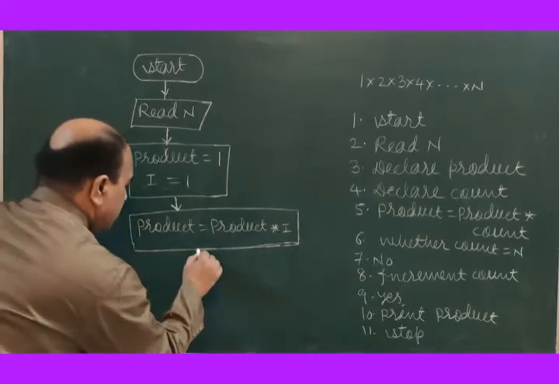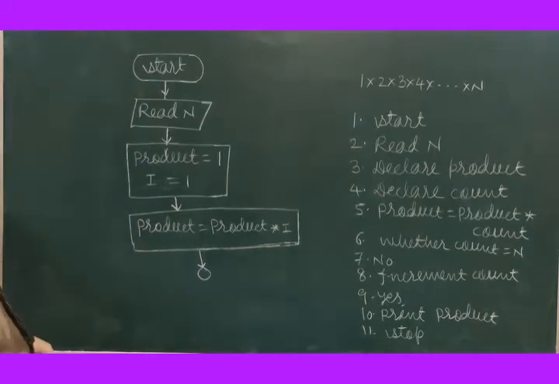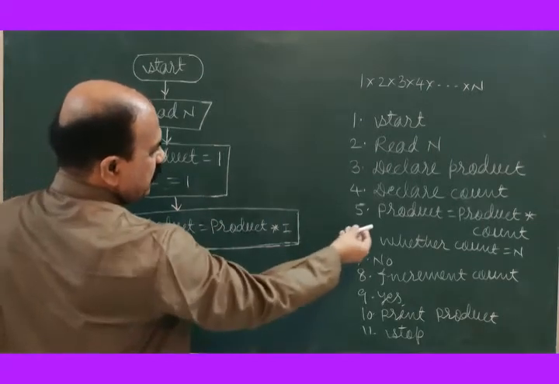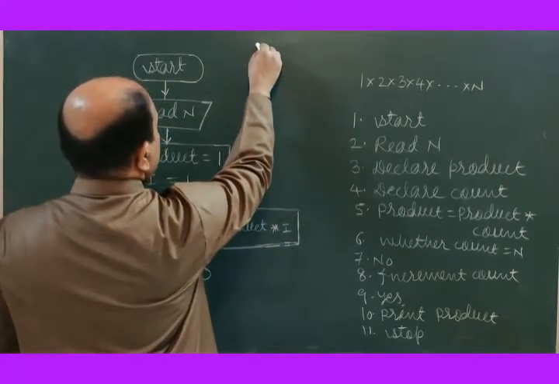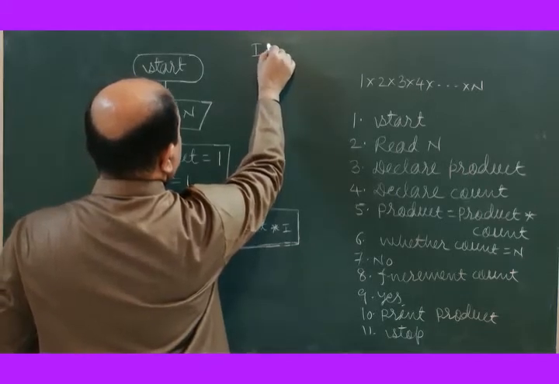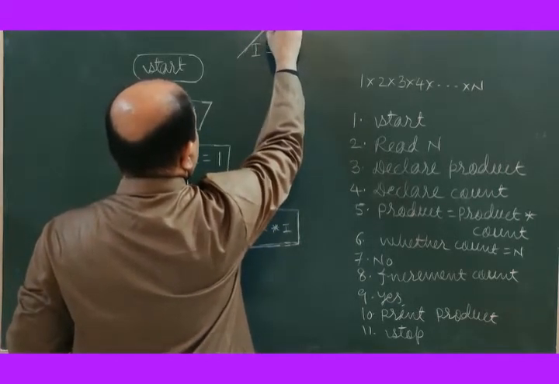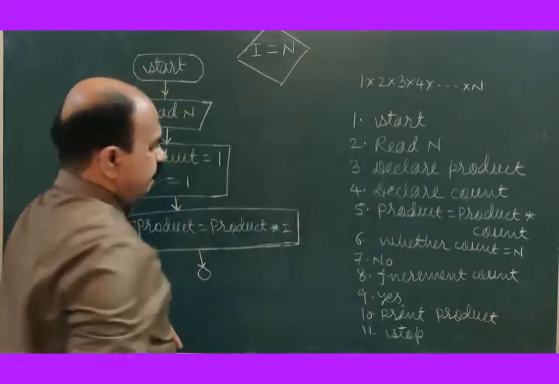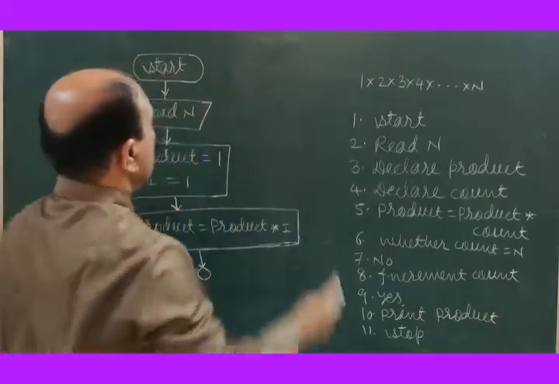Then let me put a connector here and let me come here. Then we have to see the count, whether I is equal to n. I have to come somewhat lower.